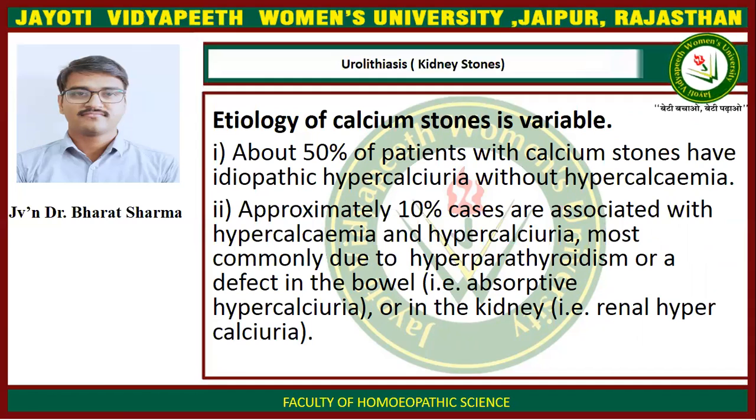Approximately 10% cases are associated with hypercalcemia and hypercalciuria, most commonly due to hyperparathyroidism or a defect in bowel, absorptive hypercalciuria, or in kidney, that is renal hypercalciuria.